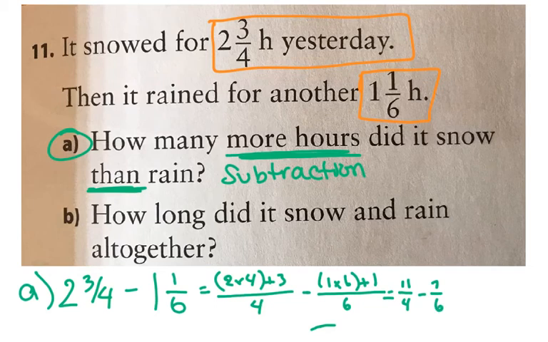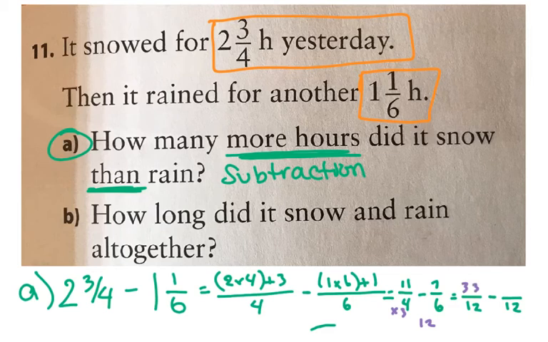The lowest common multiple for them happens to be 12. 12 and 12 here. Okay, so what you do to the bottom, you do to the top. This one we multiplied by 3. So 3 times 11 is 33.